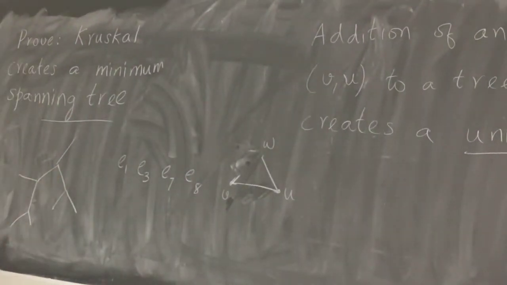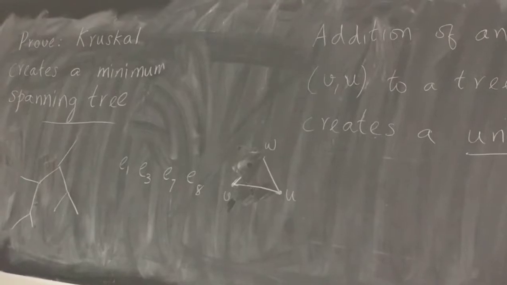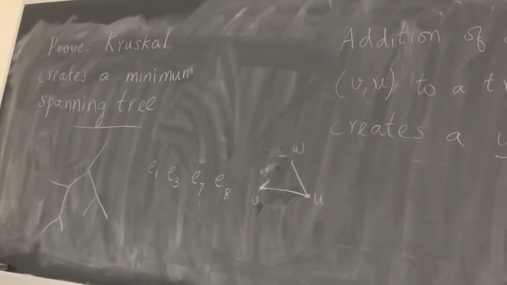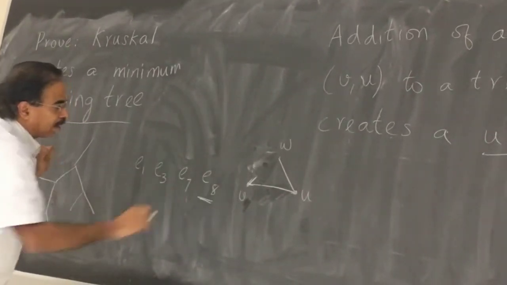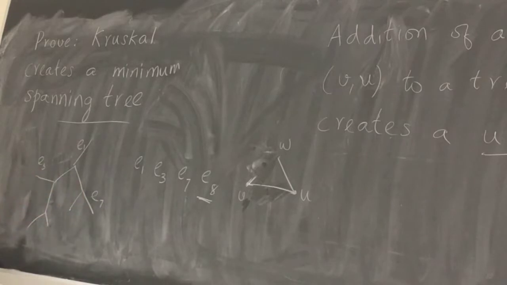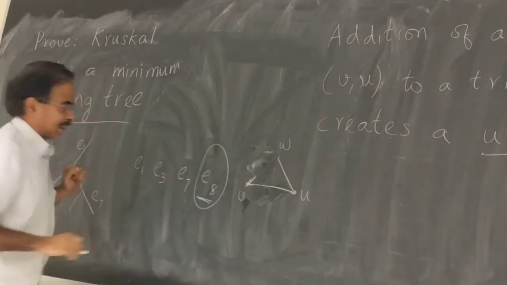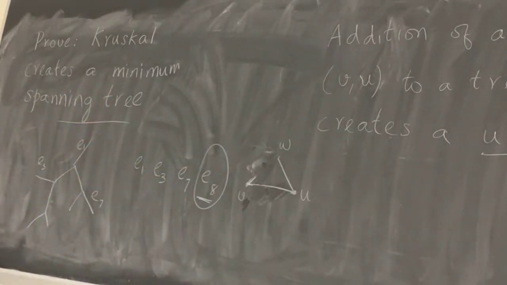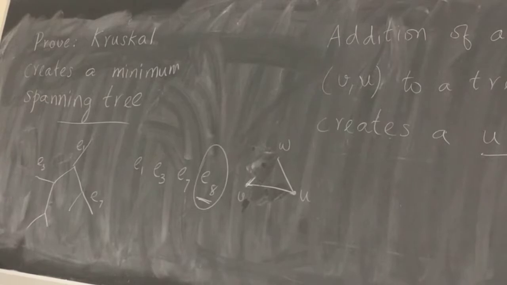Okay? Let's say it adds edges E1, E2, E7, E8. Okay? And let's say E1, E3, and E7 are already there in this so-called optimal tree, right? So what we want is, we want to pick the first edge that Kruskal did not add, right?